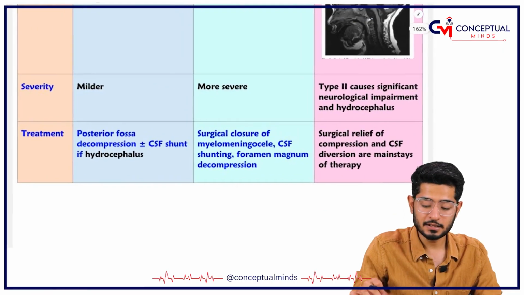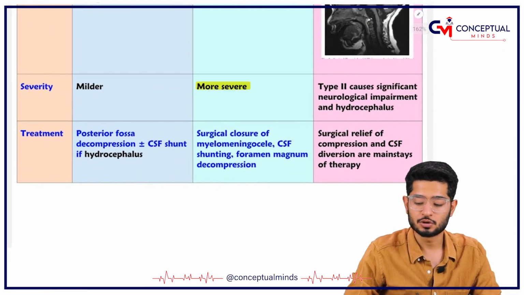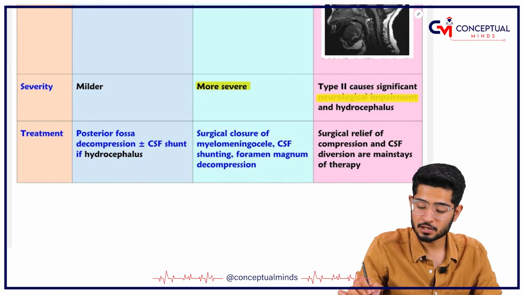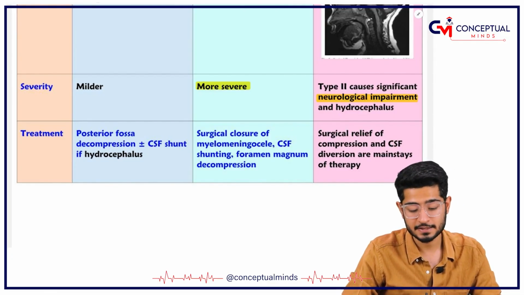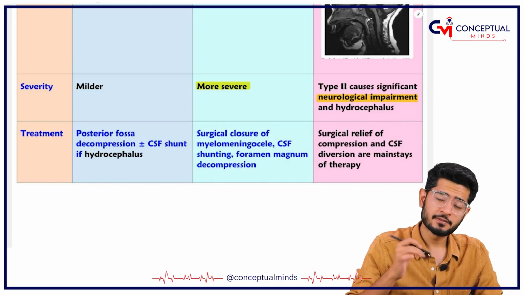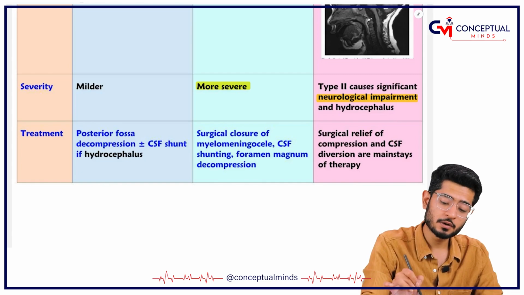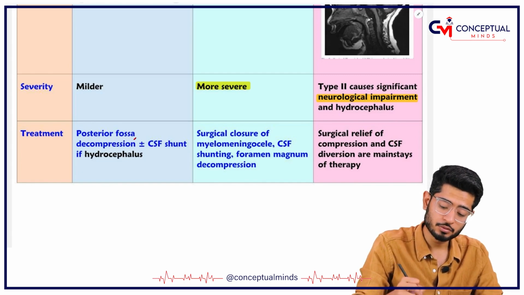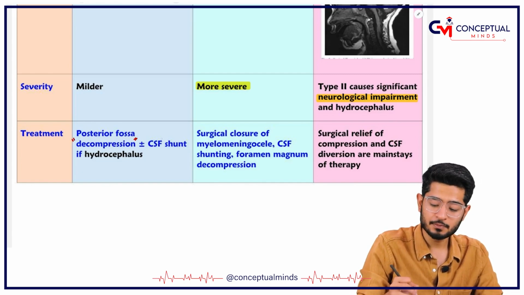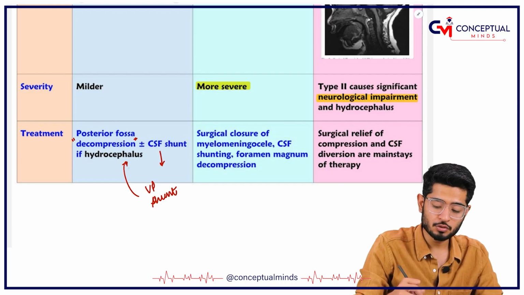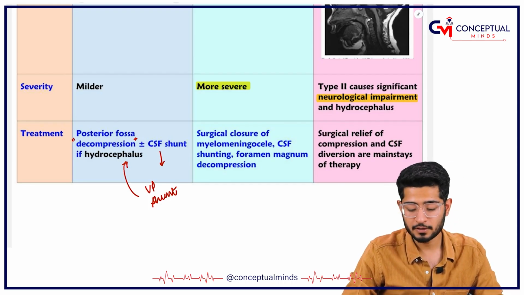Coming on to the severity, of course, Arnold-Chiari 2 is going to be more severe, and type 2 causes significant neurological impairment and hydrocephalus. And what is the treatment? See, of course, in type 1, there is a posterior fossa which is smaller. So, first of all, you have to do the decompression there and perform the CSF shunt, like I have told you, VP shunting in the chapter of hydrocephalus, to get rid of hydrocephalus.